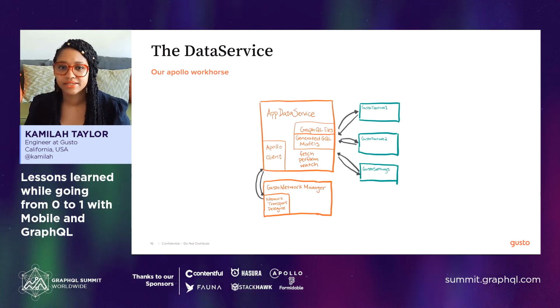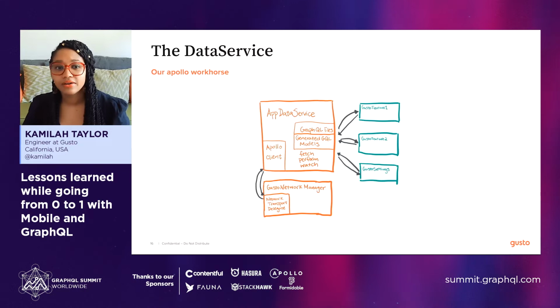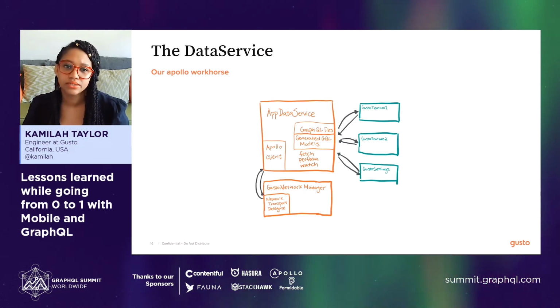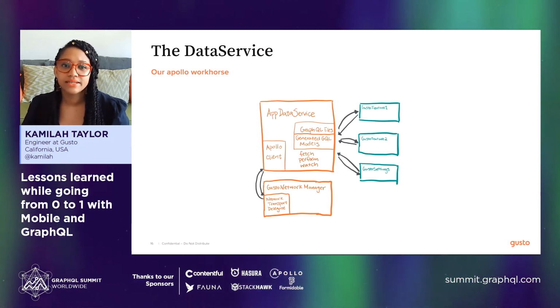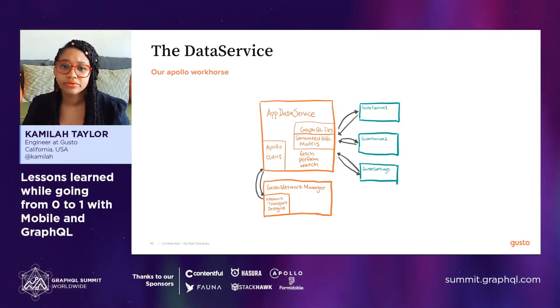App Data Service is doing most of the heavy lifting with Apollo. It not only contains the Apollo client, but also the GraphQL files and the generated GraphQL models. Because it still needs to run on the networking stack that we'd initialized, it does have a connection to Gusto Network Manager through the network transport delegate.